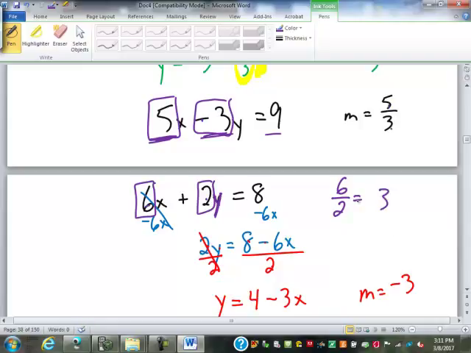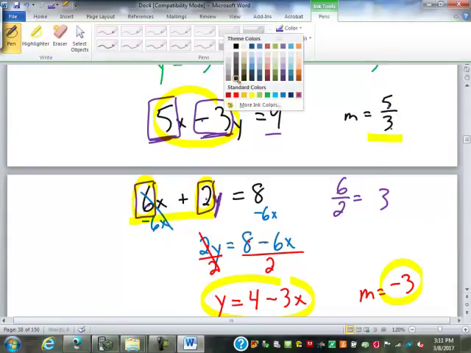So when we look at these equations, we can find the slope without having to solve it like this by taking the number that's multiplying x over the number that's multiplying y and then changing the sign. If it's negative, we make it positive. If it's positive, we make it negative.